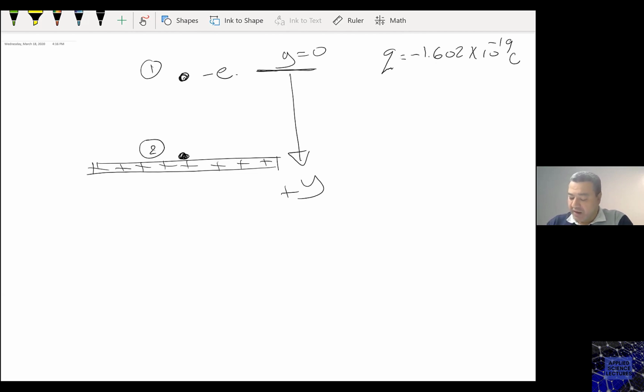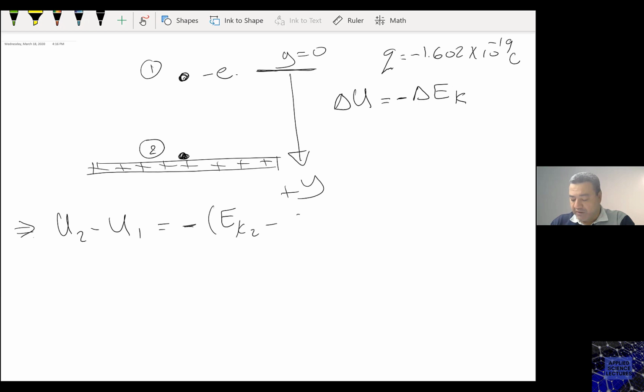So in this case, I have delta U equals minus delta EK, which means I have U2 minus U1 equals minus EK2 minus EK1.